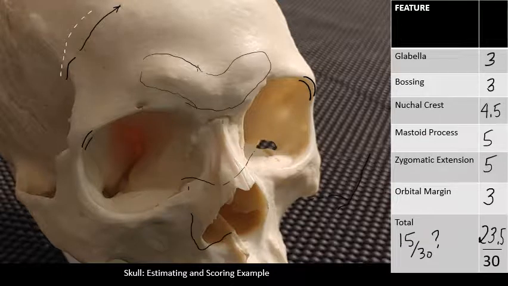Clearly a glabella, and I might even be more confident again reassessing this and saying, okay, you know what, I might want to give it a 0.5 on top of that as well, bringing this up to 24 out of 30. And that's one of the things that we do want to do. We want to come back, we want to reassess, we want to be very confident in our assessment.